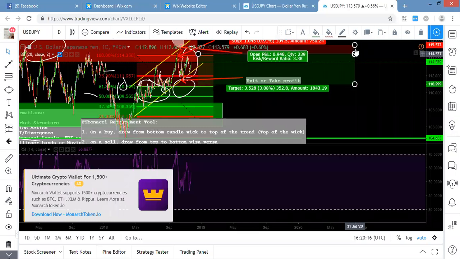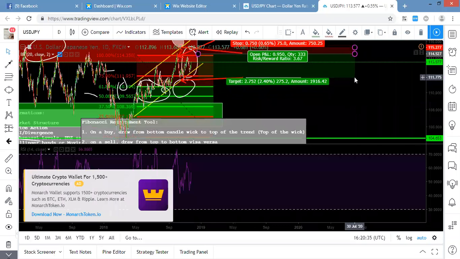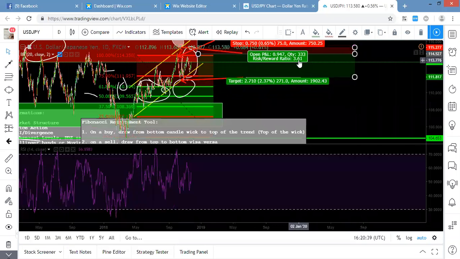Right about there is good. And then we'll move this back down to our stop loss. And then our take profit, we're going to adjust to the bottom right here where we get out, right? That's where we said our exit was, which is 111,817. So we're looking at, perfect, a risk to reward of 3.61.